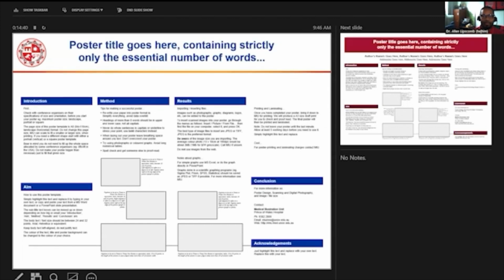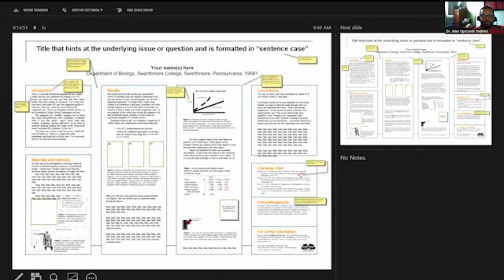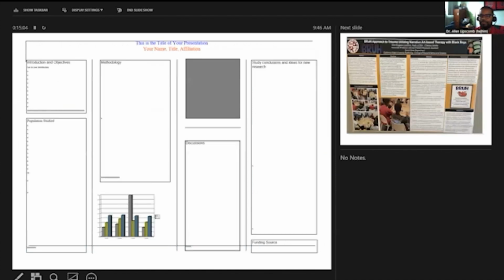All right, a few more. Again, just to give you an idea. Kind of highlighting the different pieces, the different sections of your poster presentation.